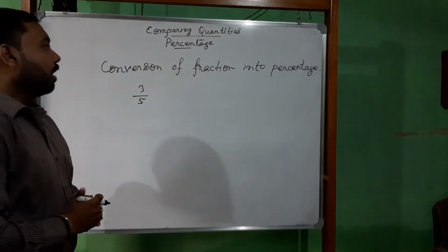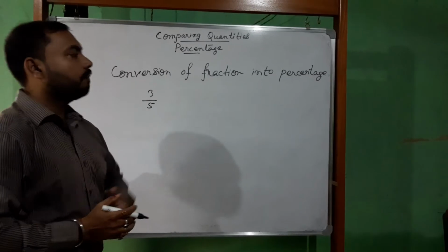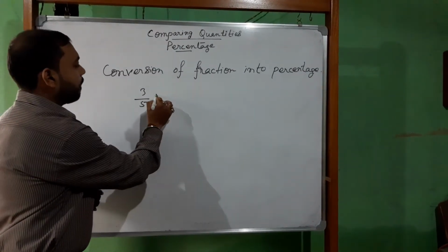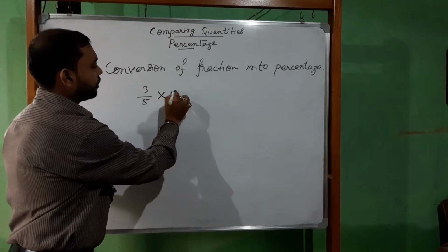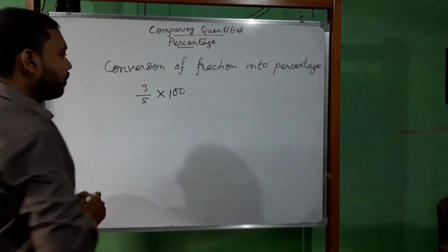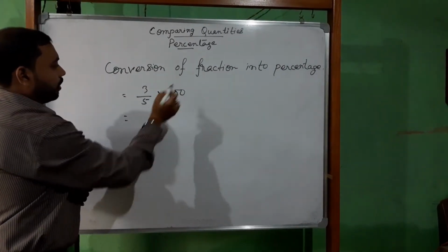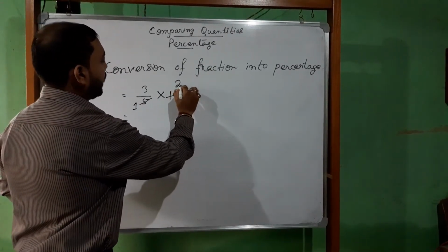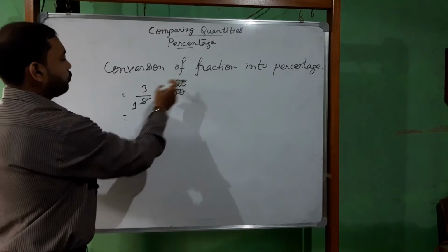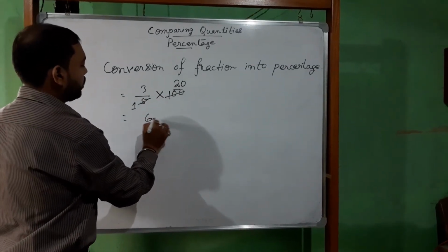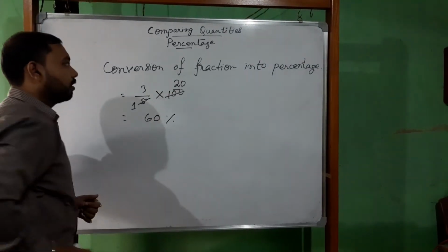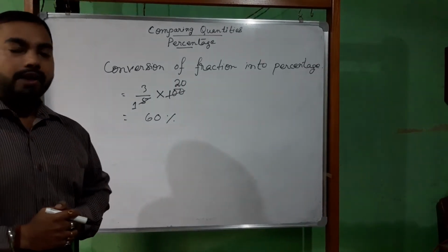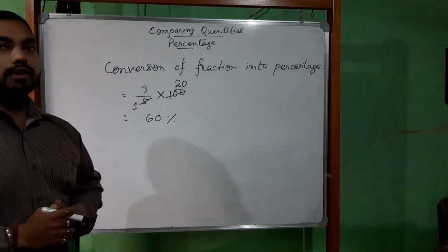Now how can we convert this fraction into percentage? So we have to multiply this fraction with 100. Okay. Now reduce it. 5 1s are 5, 5 20s are 100. So now 20 into 3, it is 60%. So in this way we can convert fraction into percentage.